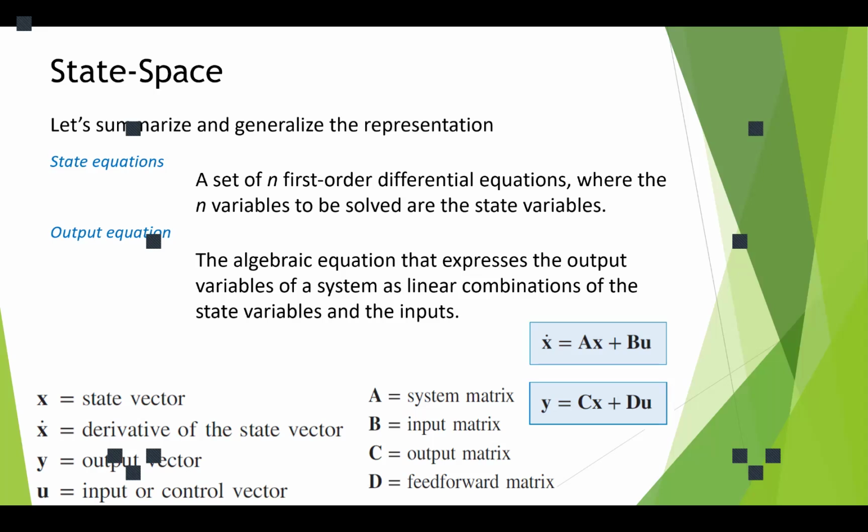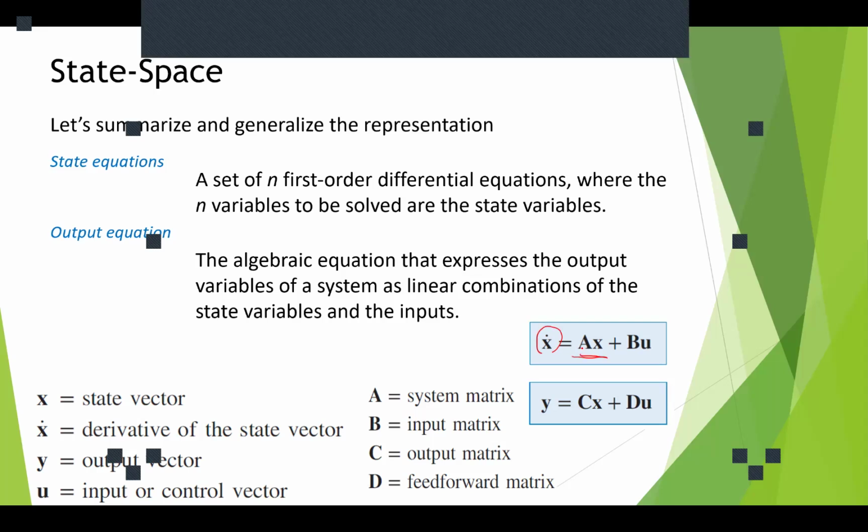The general form of a state space model for any system is the differential of our variables, those independent variables, equal to the participation of all those variables on the differential plus the participation of the inputs on the differential.